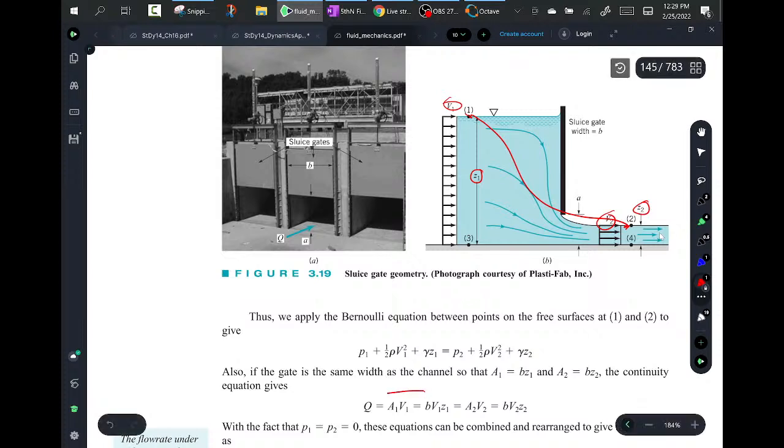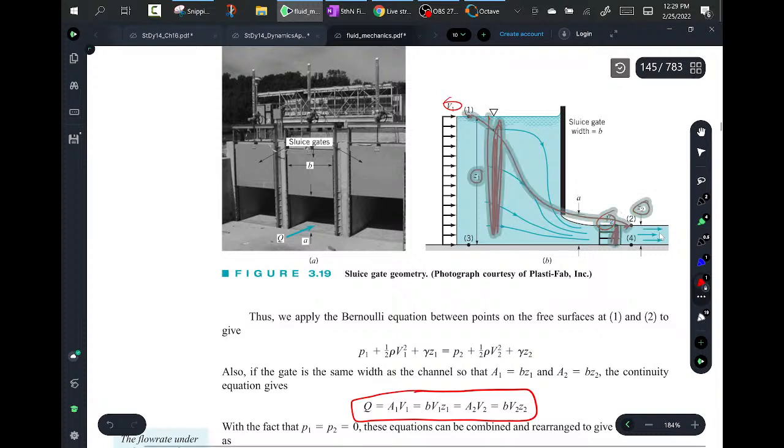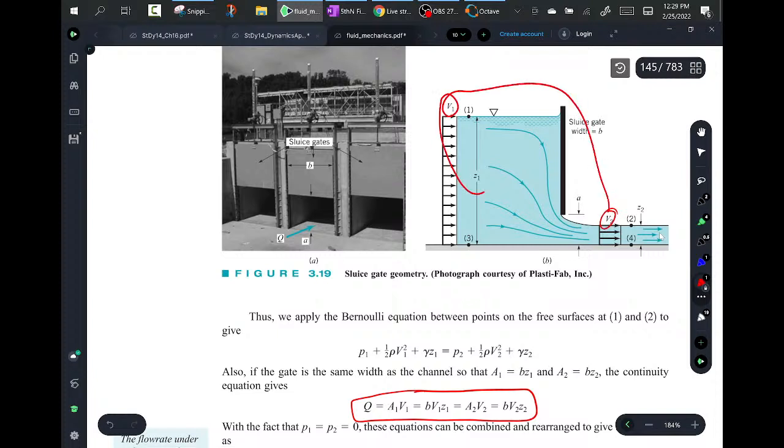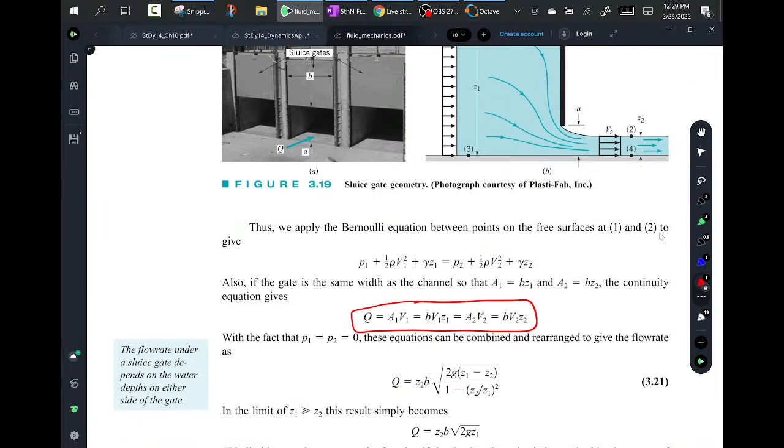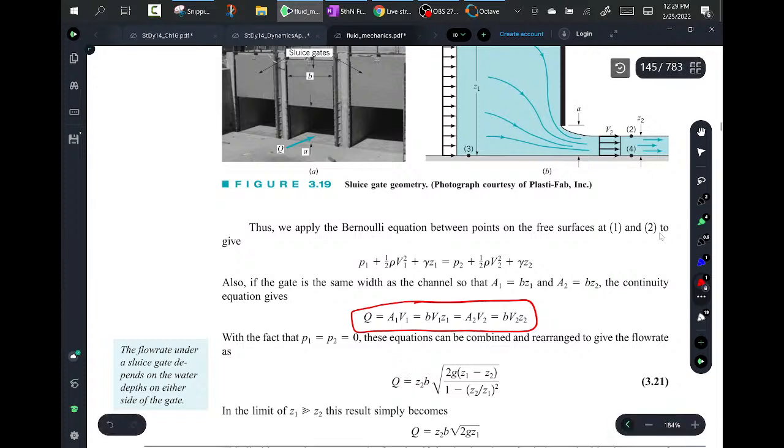Then you notice the area difference between them, that this is a lot tinier area than here the way it's drawn, and you use continuity to find V2, V1, height 1, and height 2. Makes sense if you look at it. Now he's looking for the Q. I think I did it in a problem where I was looking for the V. He ends up with this equation.